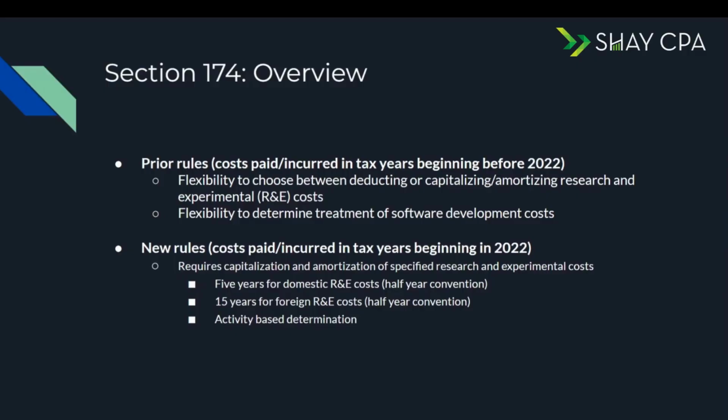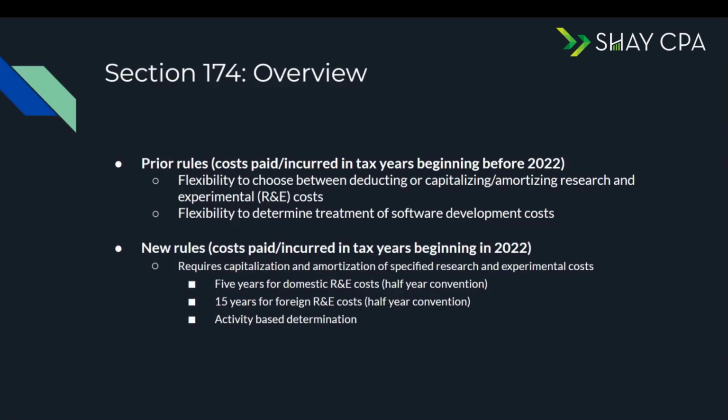Domestic R&D costs were required to be capitalized over 5 years, and foreign R&D costs were required to be capitalized and amortized over 15 years using a half-year convention method.